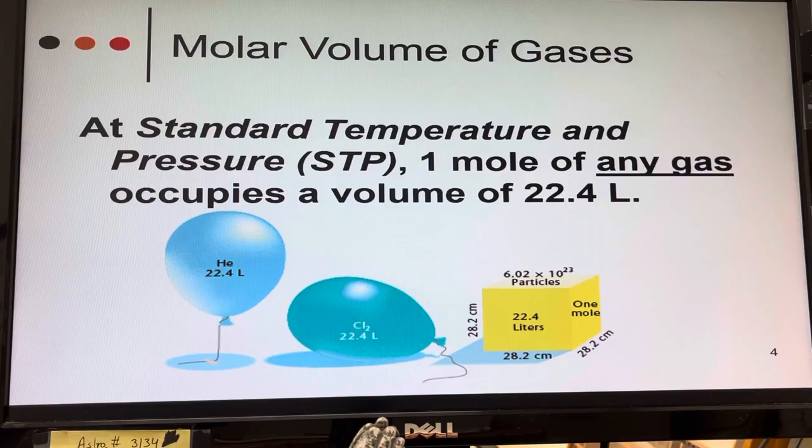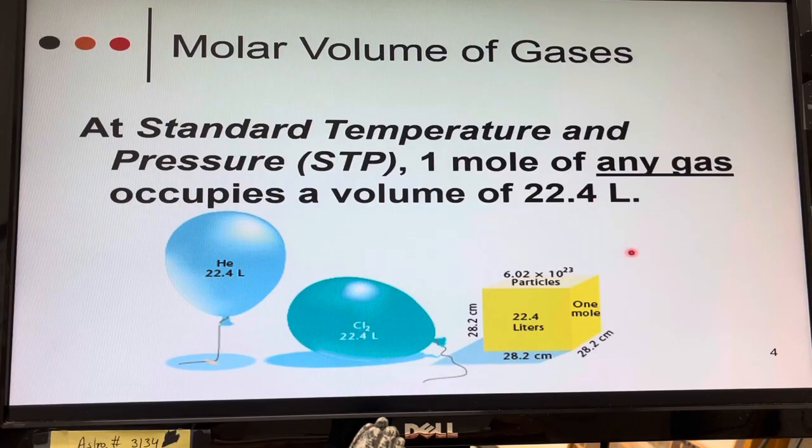1 mole of any gas. It could be helium, it could be diatomic chlorine, doesn't matter, okay? You see helium is lighter than air, but chlorine is heavier than air, so helium will float and chlorine will sink. It doesn't matter what gas we're talking about. Any gas, 1 mole of it will occupy the same volume. That's pretty amazing.